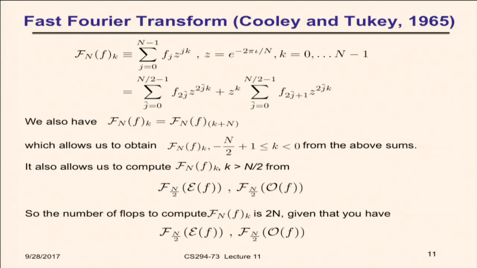So Cooley and Tukey in 1965 first published the fast Fourier transform, and it's a wonderful, elegant observation, so elegant that people started going back and looking at history and found that the observation had been made by Gauss.